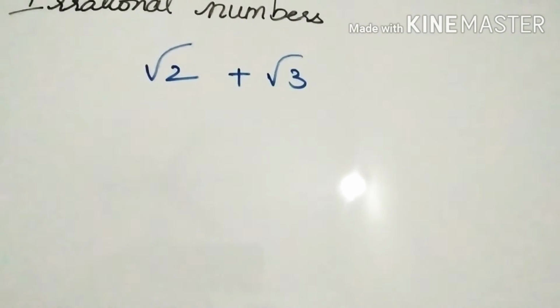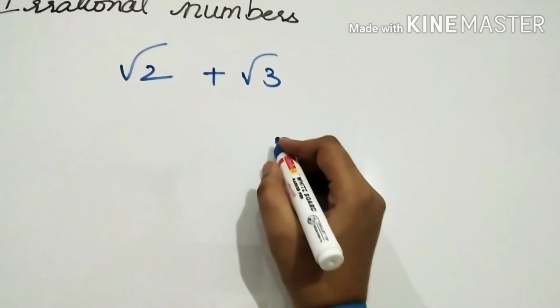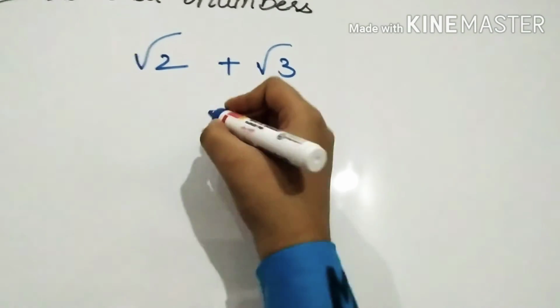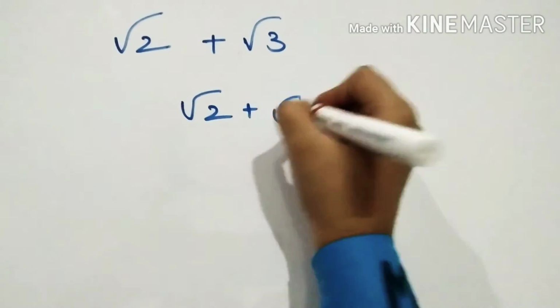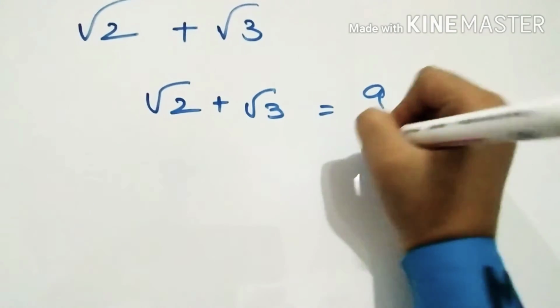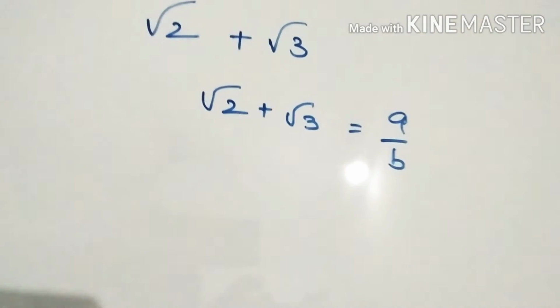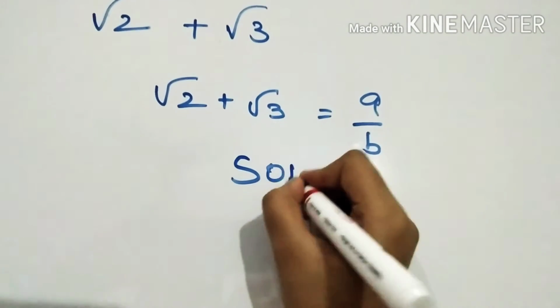Next example, we have root 2 plus root 3. We have to prove that it is irrational. So let us assume first that it is a rational number, a by b. Now square on both sides.